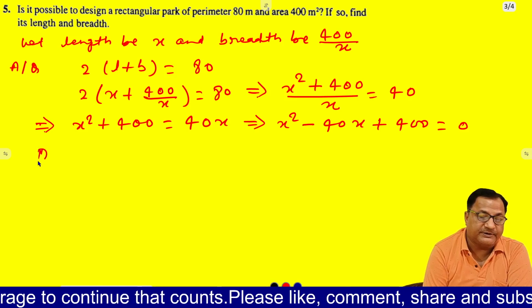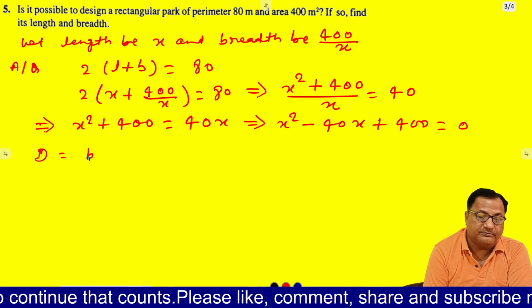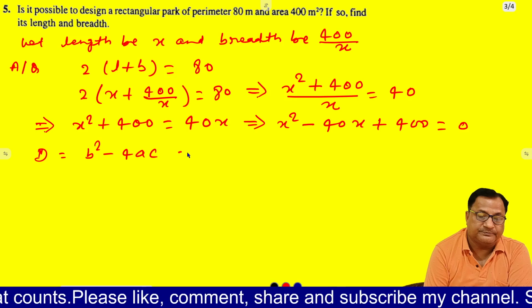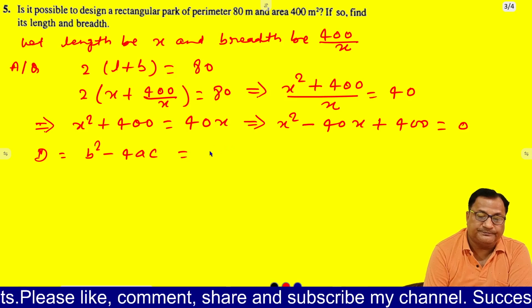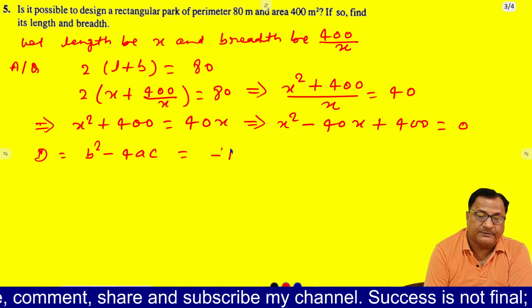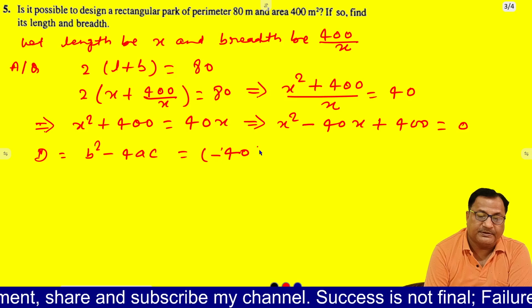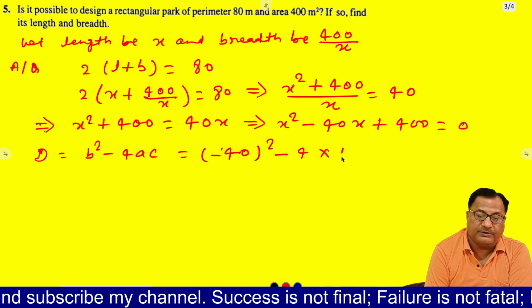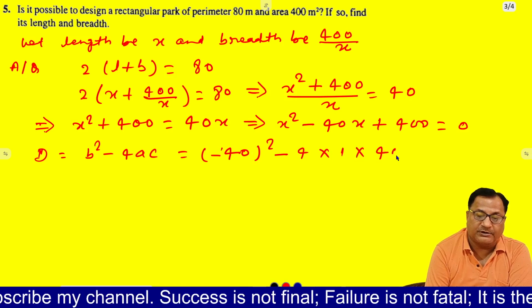Now we will find the discriminant, which is b square minus 4ac. Here b is equal to minus 40, so 40 square minus 4 into 1 into 400.